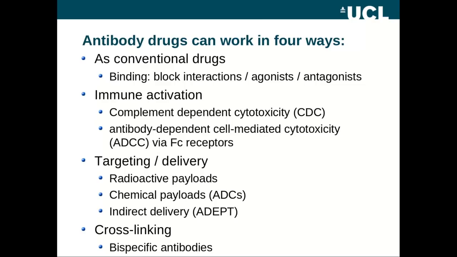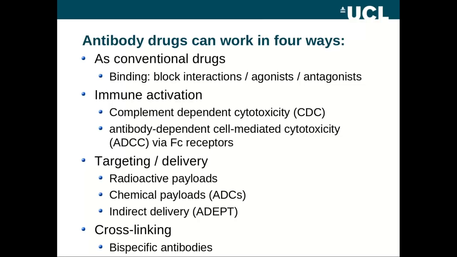If they're binding to a ligand of a receptor, they could block the interactions between that ligand and receptor. Now, with a small molecule drug, that's not normally something you can do, because ligands, such as hormones, tend to be fairly small and convex in shape. And small molecule drugs, which need a pocket into which they're going to bind, can't bind to these things very effectively. On the other hand, antibodies can do that really well.